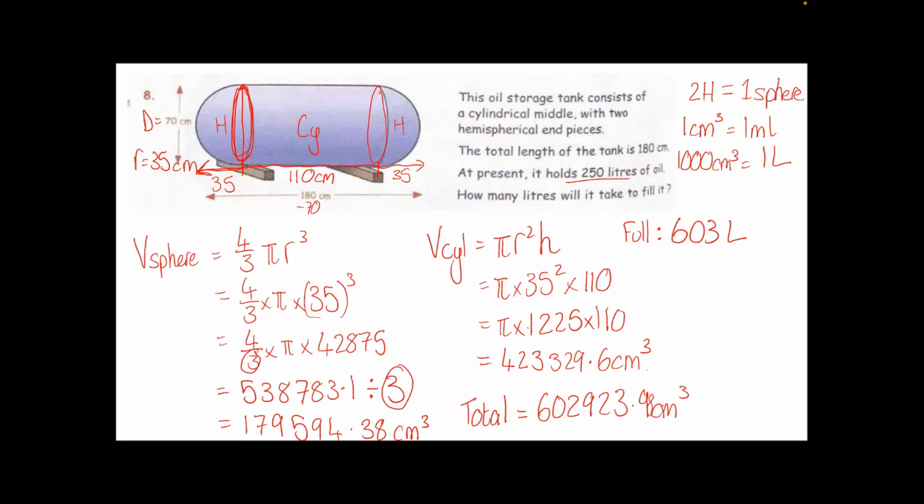So if I need to know how many litres it will take to fill, we need to subtract our 250 litres. So that's going to be 353 litres are needed as our final answer there.